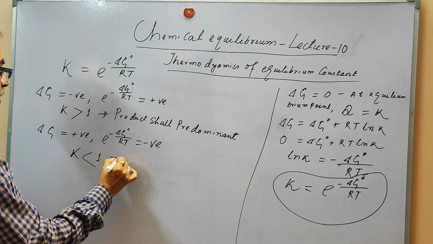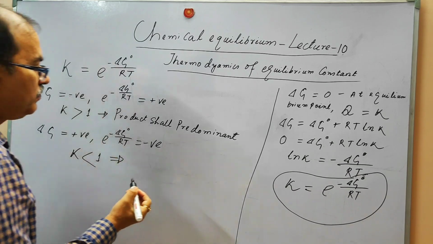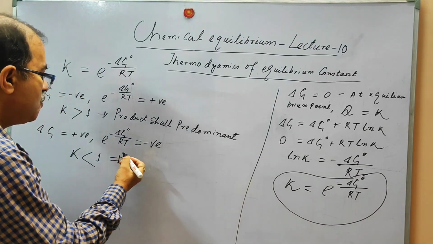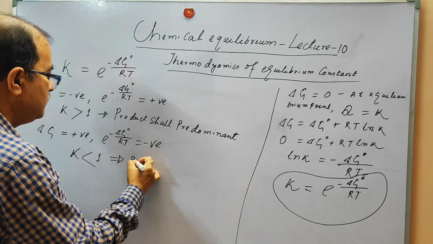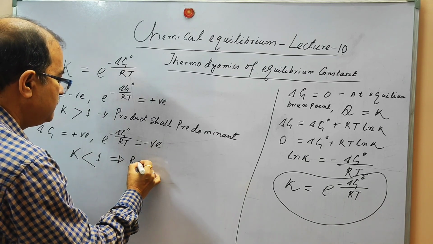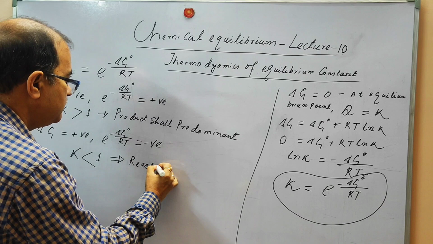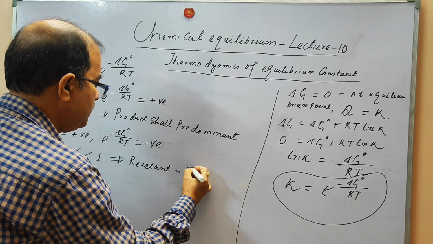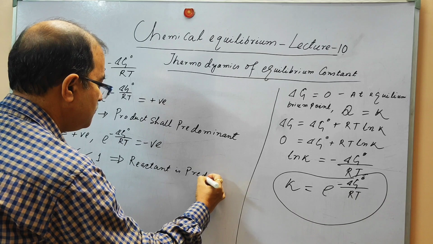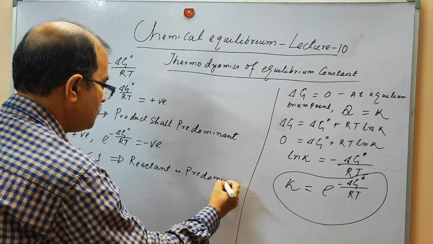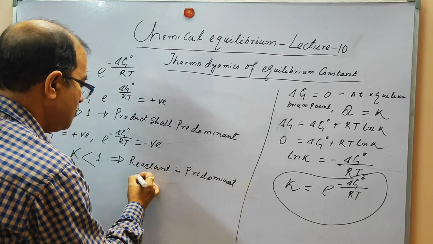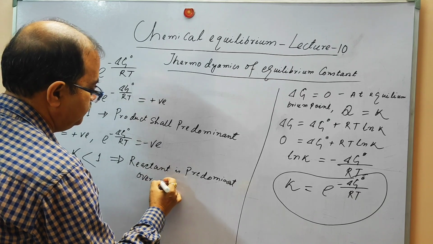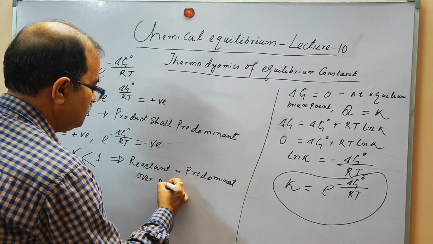At that time we will say that the reaction is not spontaneous, so reactant is predominant over product.